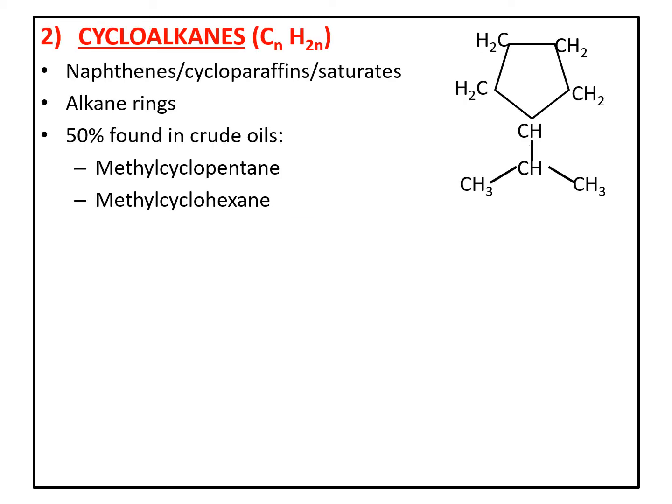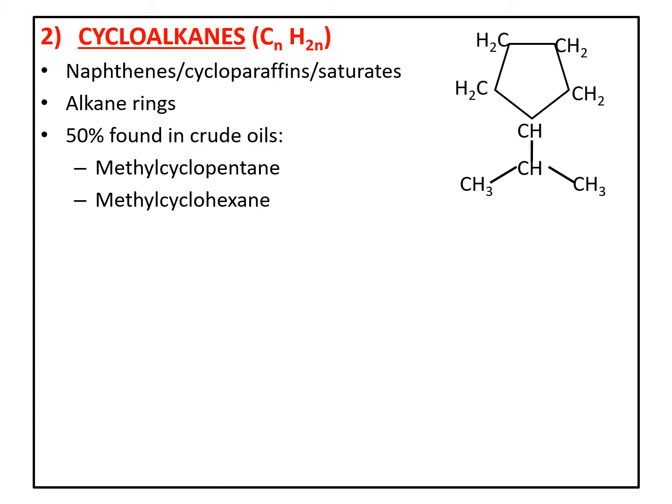Alright, next, the second type of hydrocarbon is cycloalkanes with the molecular structure CnH2n. In the industry, they usually call this type naphthene, cycloparaffin, and saturates.